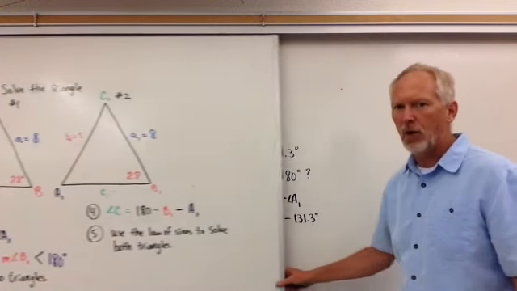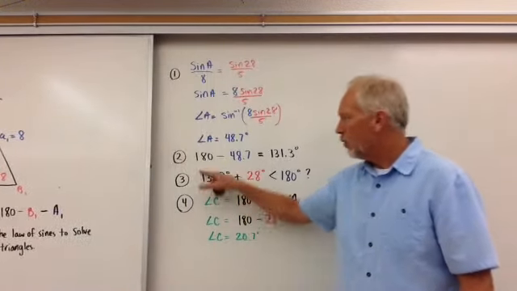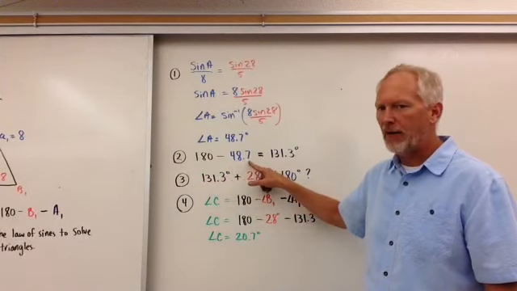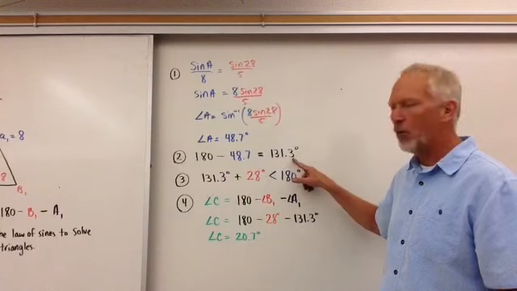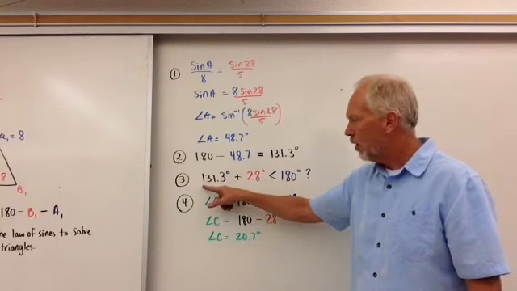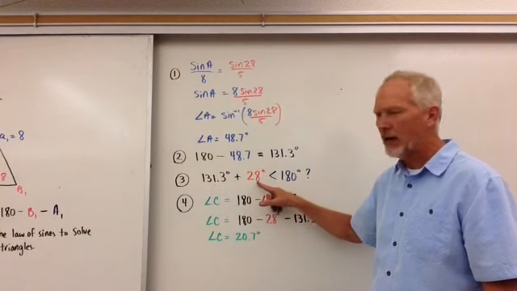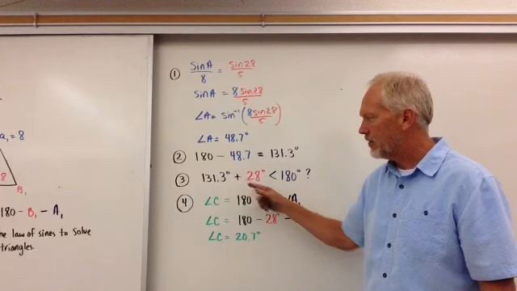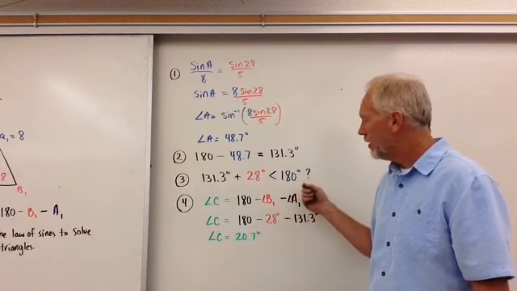Let's go to the work. Step 2, 180 minus 48.7 is 131.3. Now, 131.3 plus 28, is that less than 180 degrees? Yes, it's just shy of it.